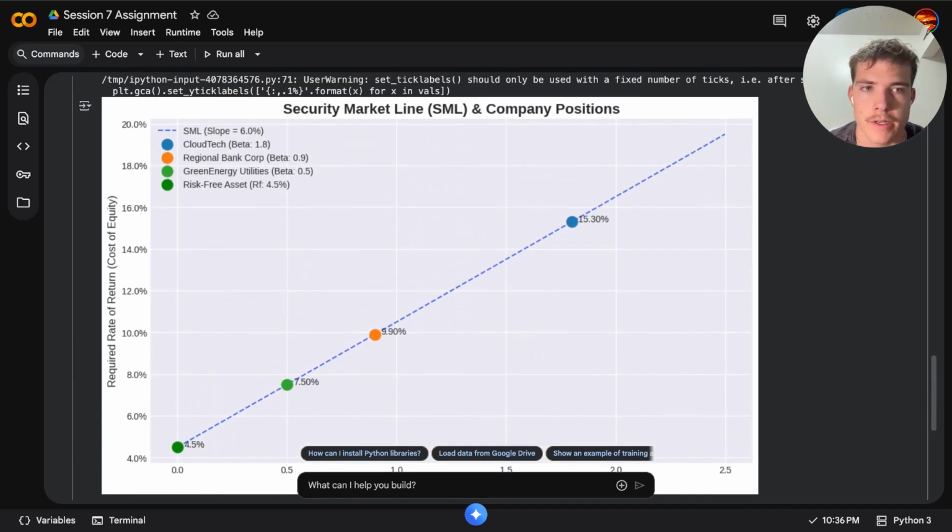To wrap up here, the reason for CloudTech's high beta lies in its business model. Its revenues are tied to cyclical IT budgets, and its high fixed costs create significant operating leverage. Green Energy, which is a regulated utility, has the exact opposite model, with non-cyclical, predictable cash flow. So for CloudTech, its 15.3% cost of equity is a major hurdle.